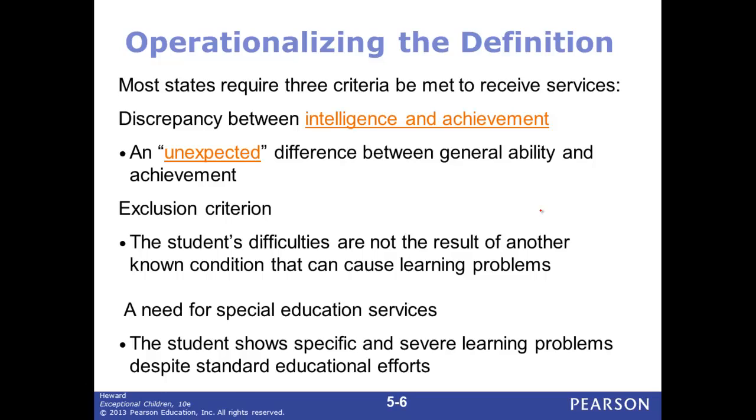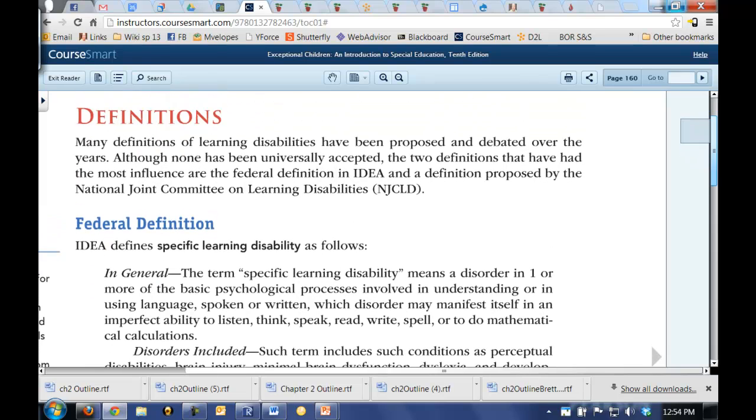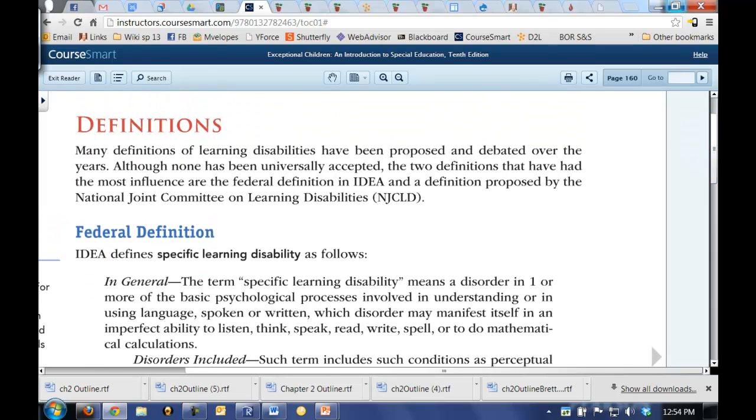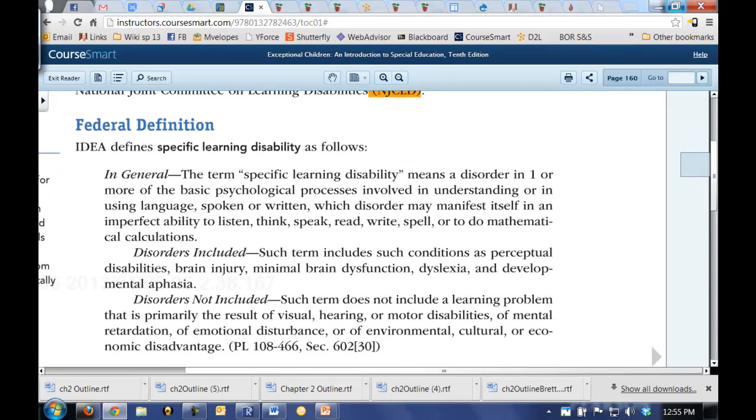Right. So let's go back to the text a second. So here's their definition. It came up there already. This organization here, just like in mental retardation or intellectual disabilities, is kind of the overriding committee that has a strong influence, and they take a lot of their marching orders from them.